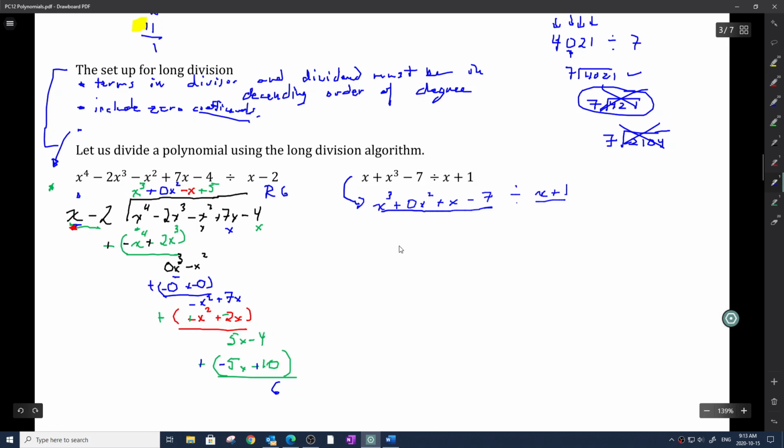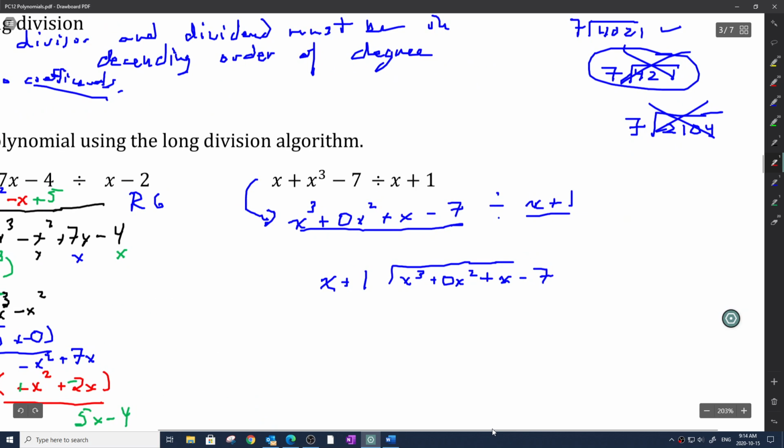And very quickly, I can set this up using the long division algorithm. That's how I would set it up, and now I can start the process.